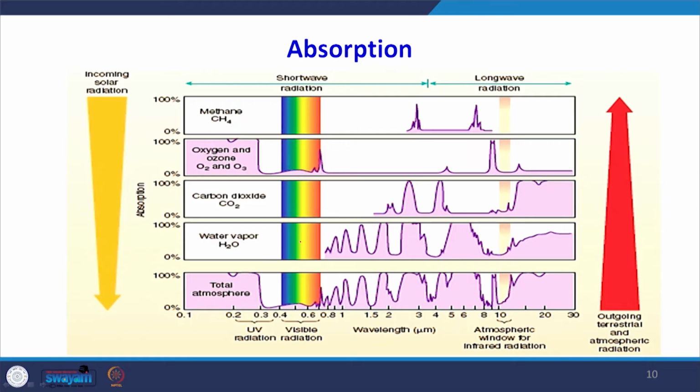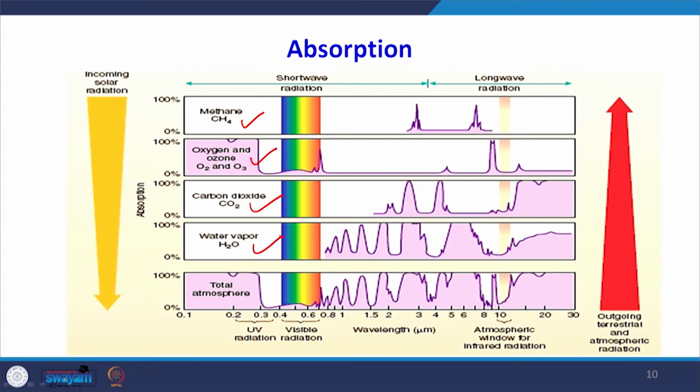Just see this diagram here. In this diagram on the x axis we are showing the different wavelength regions, and on the y axis we are showing the percentage absorption. Here we have shown methane, CH4, on the top, then oxygen and ozone, carbon dioxide, and water vapor.